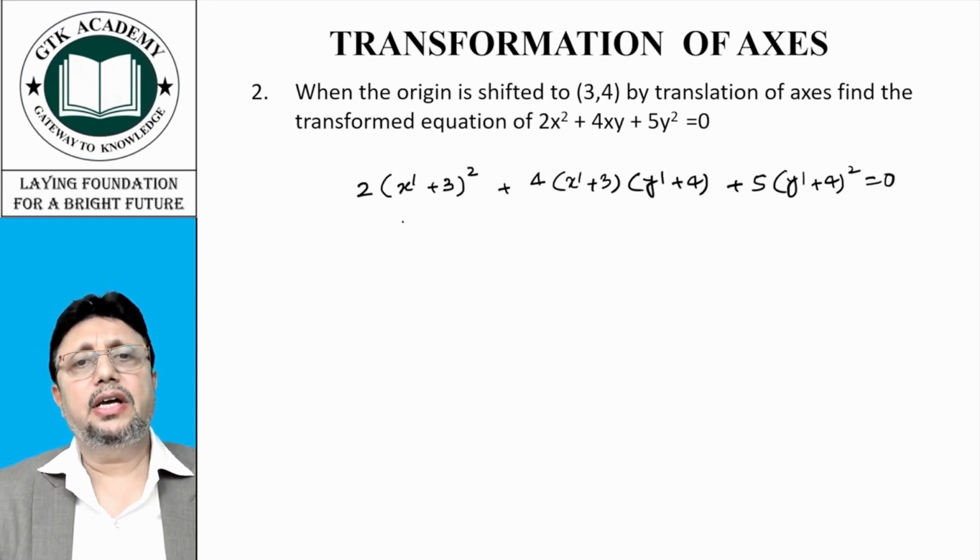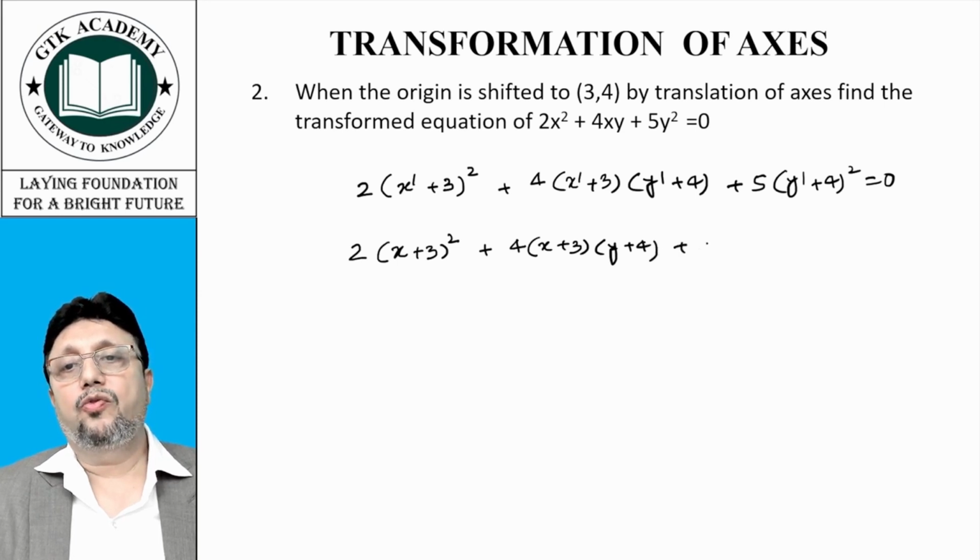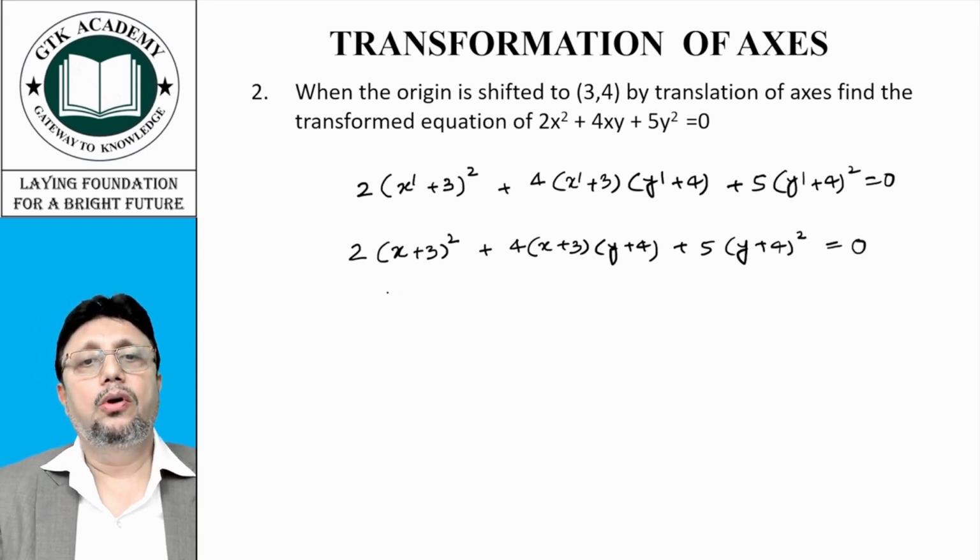Now change x dash, y dash to x, y. 2(x plus 3) whole square plus 4(x plus 3)(y plus 4) plus 5(y plus 4) whole square. This is equal to 0.